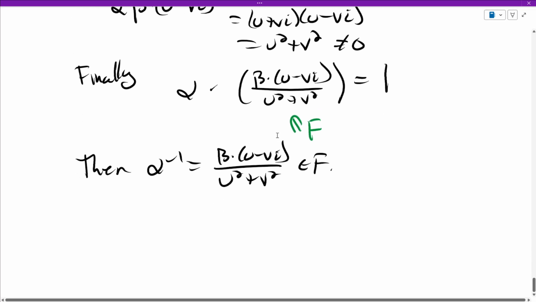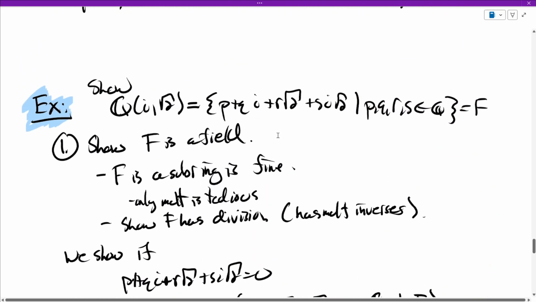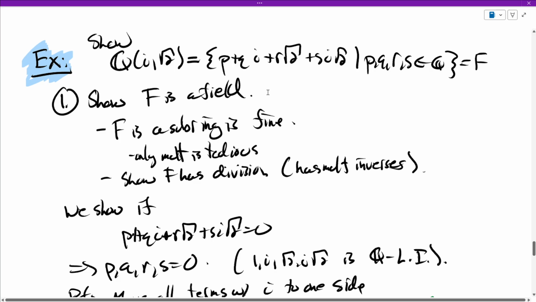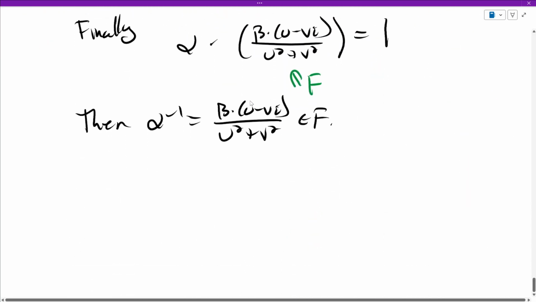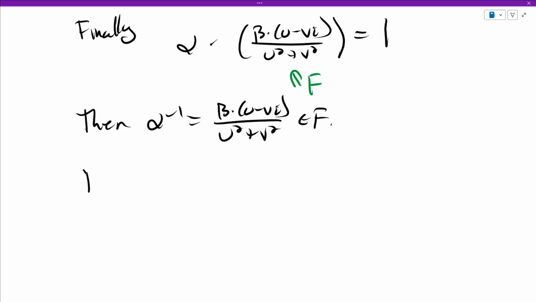All right, the last thing I'll do is what we set out to do, to prove that this field is the same as this field. So we had to show this guy was a field first. All right, let's do that. Now to show F is Q adjoin I and root 2.